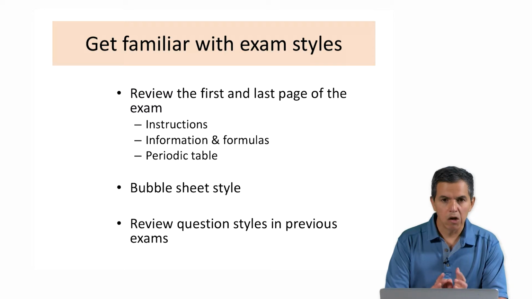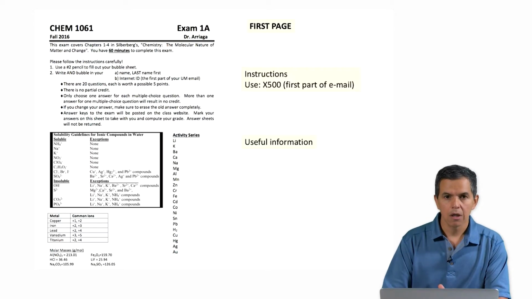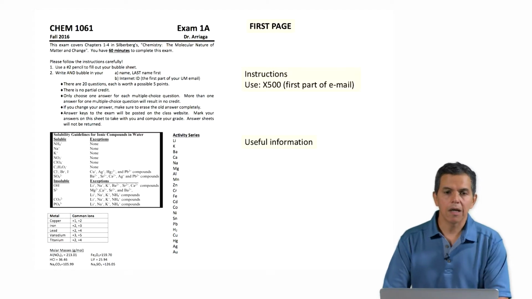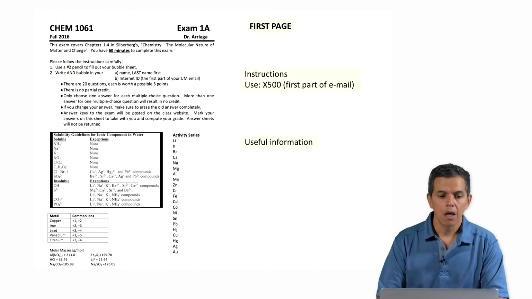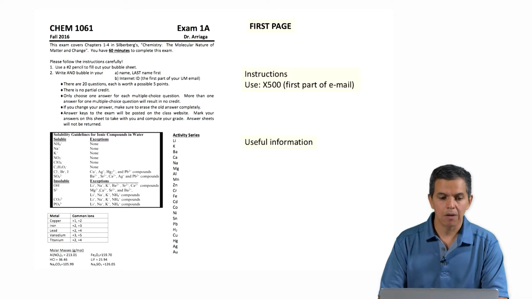An example of what you will look for is shown here. On the left side of this slide, we see a typical page of an exam. This was given to my section last year, and you can see that this particular page has several components. The upper part consists of instructions.